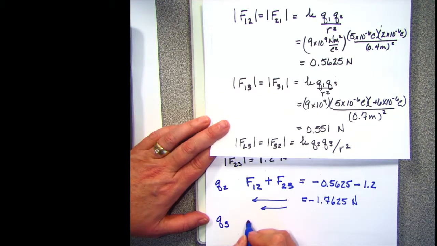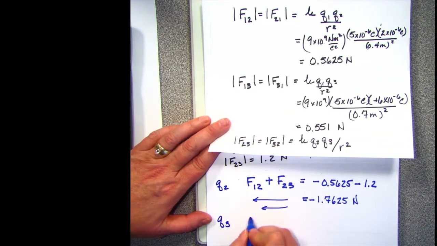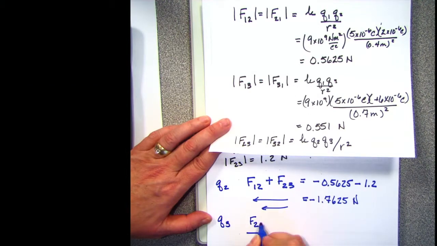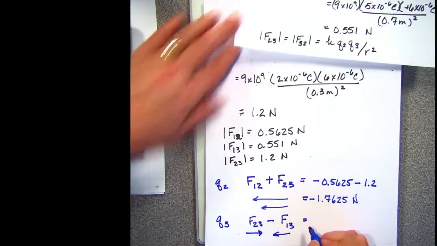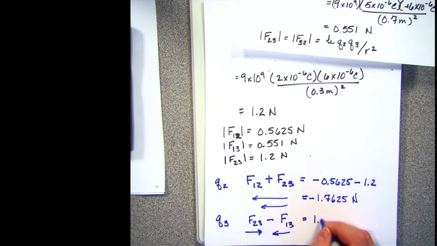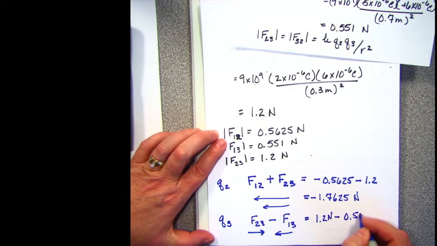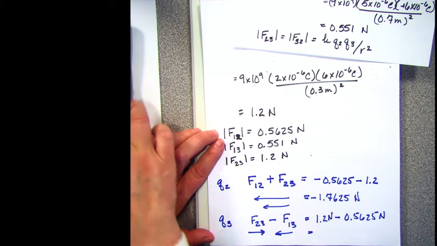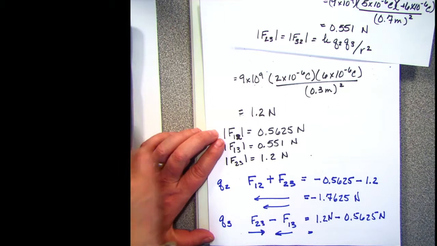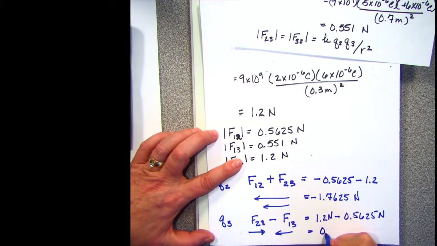In this case, I'm going to have force 2, 3, which goes this direction, minus force 1, 3, which goes that direction. So I'm going to put these numbers in. I'm going to get 1.2 newtons minus 0.5625 newtons. And when I do that one, I get 0.6375.